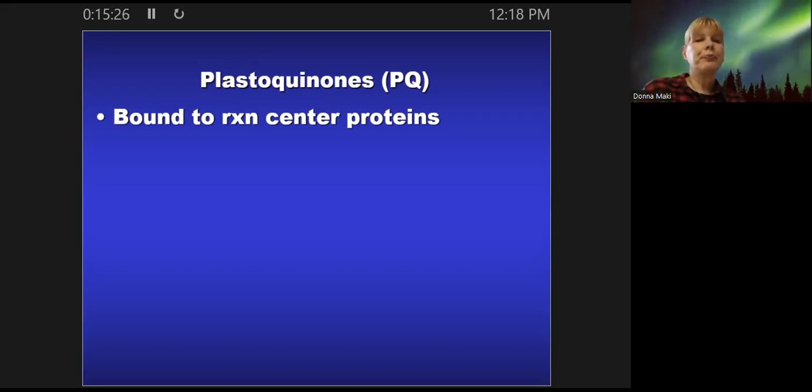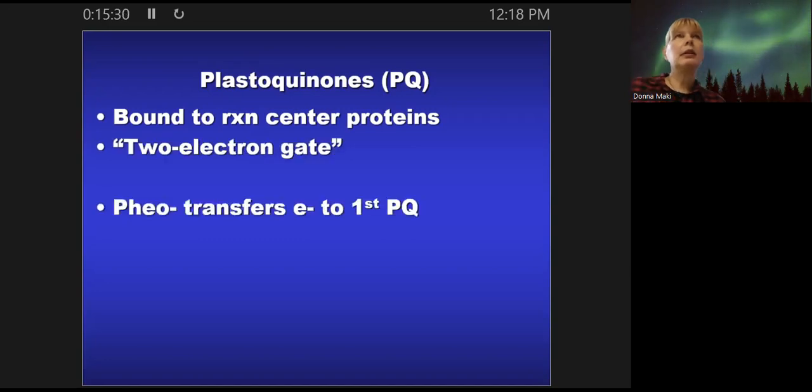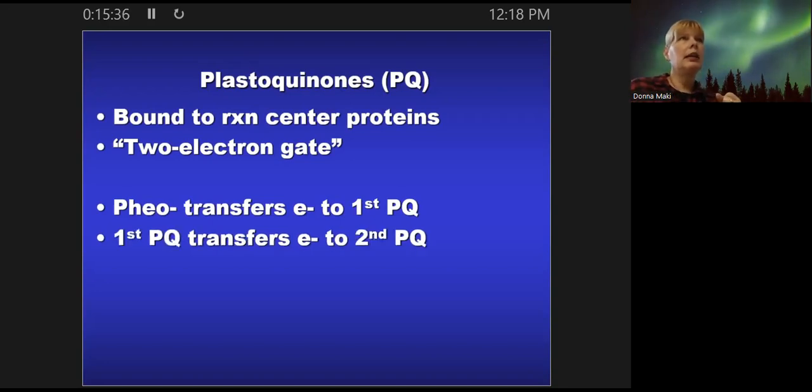And when that happens, that first plastoquinone will get the electron. What happens is it immediately turns to a second plastoquinone and donates the electron to the second plastoquinone. So it's boom, boom, first plastoquinone, second plastoquinone.